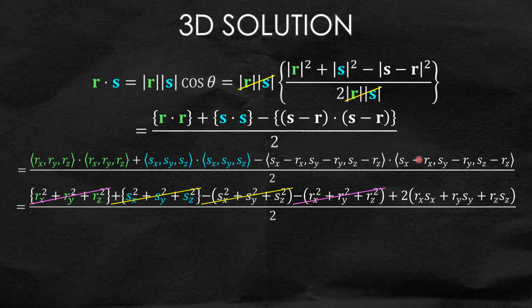And then from here, after we simplify these square components, because what we would have is s sub x minus r sub x squared, and that gave us the square terms plus the cross term. And these are the summations of the cross terms here. But nonetheless, for the components squared themselves, we see we get a cancel here and a cancel there.